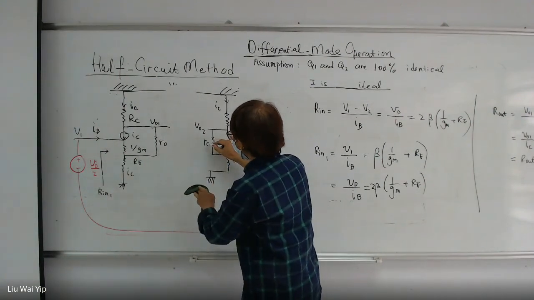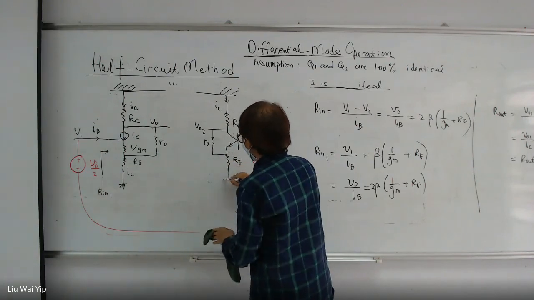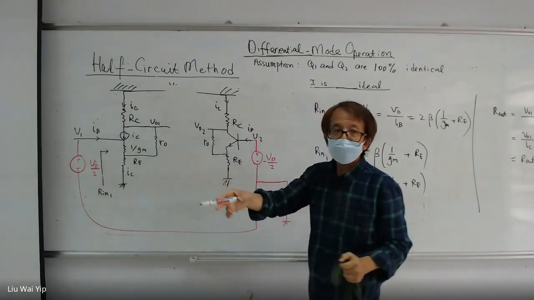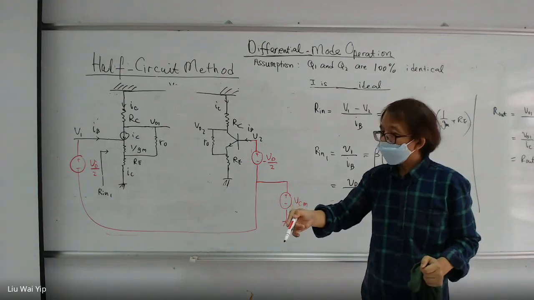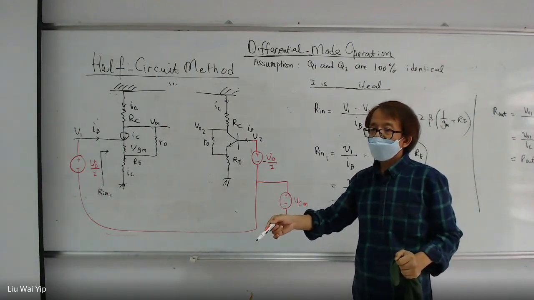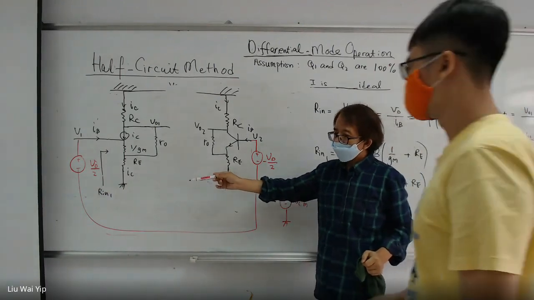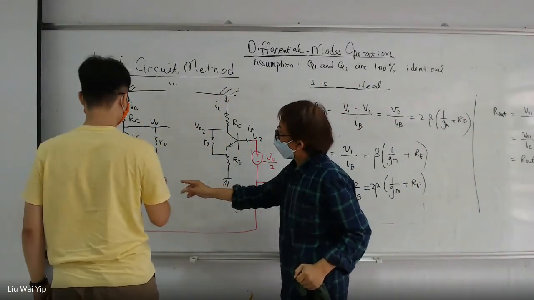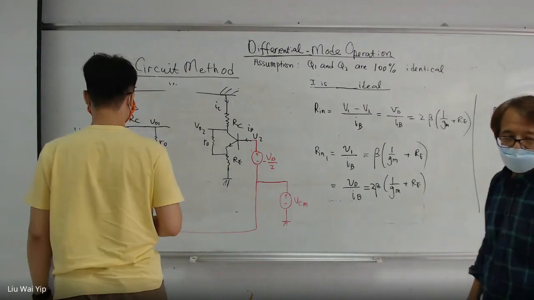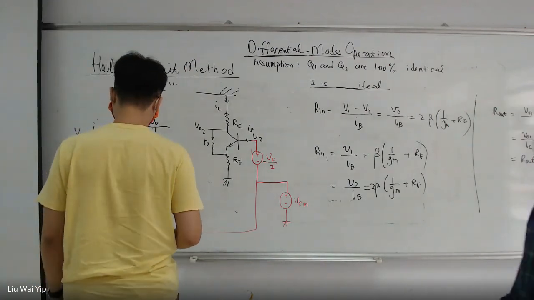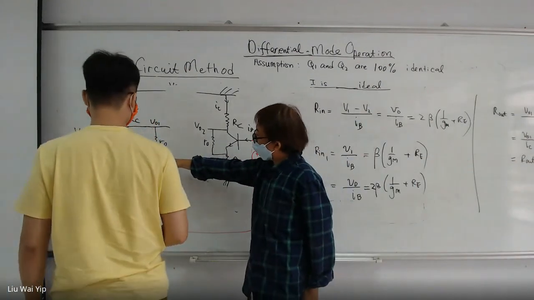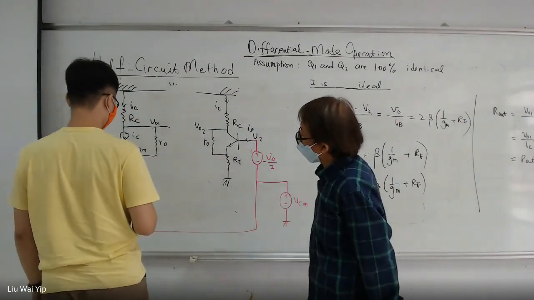Could you come over here and demonstrate to the whole class how to do it? So what is the first step? You remember? To simplify this circuit, you have the RO connected to here. So what would you do?